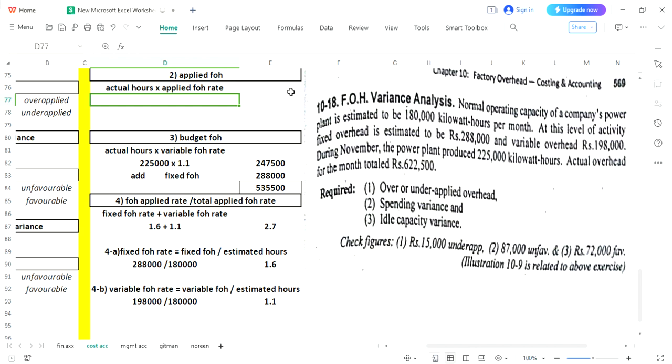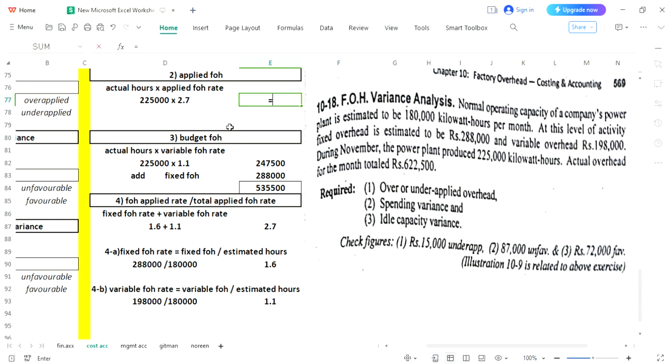So it was actual production, actual hours 225,000. You need to multiply it with the applied FOH rate. Come to fourth number. The FOH applied rate was 2.7. So put 2.7 over here. With this, you will be able to calculate your applied FOH in a single step. Nothing else you will be doing.